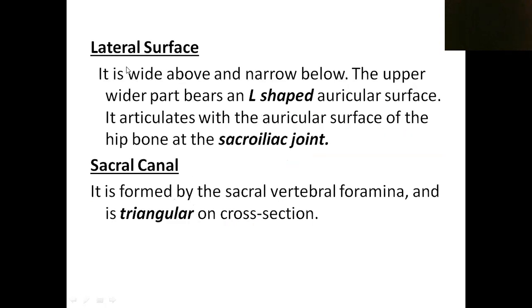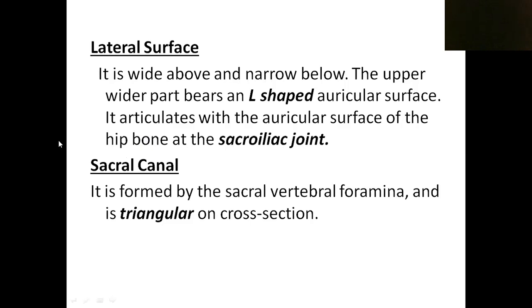Now to the lateral surface. The lateral surface has one L-shaped articular surface, which joins with the hip bone to form the sacroiliac joint. Hip bone here means the ilium of the hip bone, which is why this joint is known as the sacroiliac joint. The hip bone has three parts: ilium, ischium, and pubis.